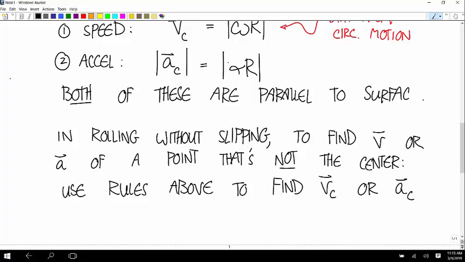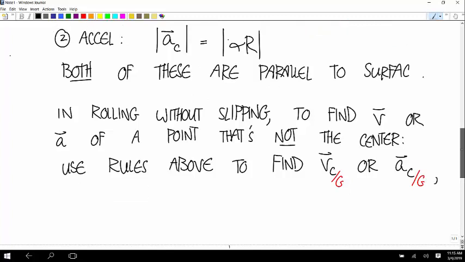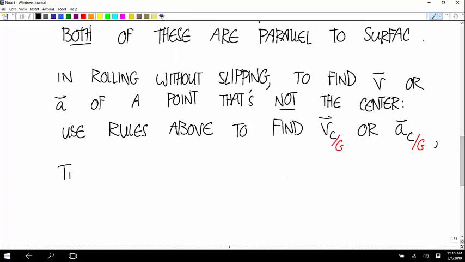And notice that when we talk about the velocity of C and the acceleration of C, we're talking about that relative to the ground. And then use relative motion to find the velocity or acceleration of the other point.